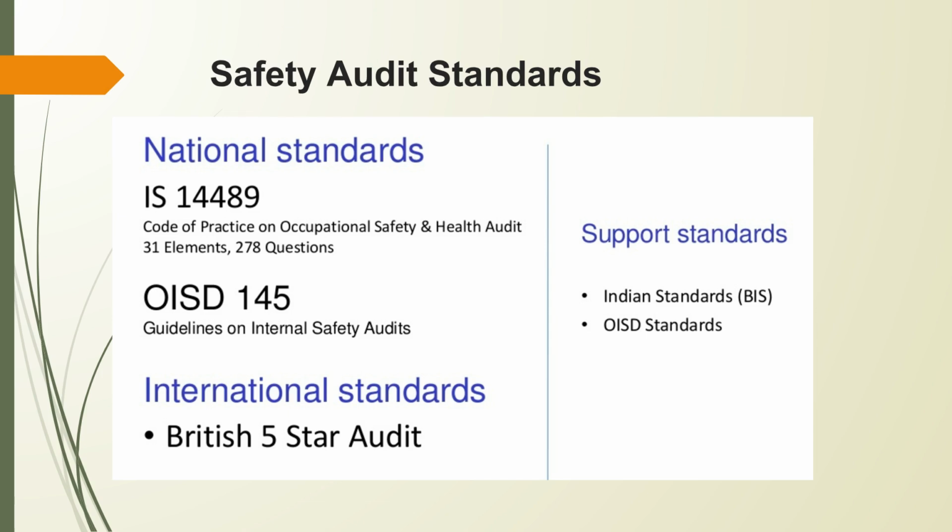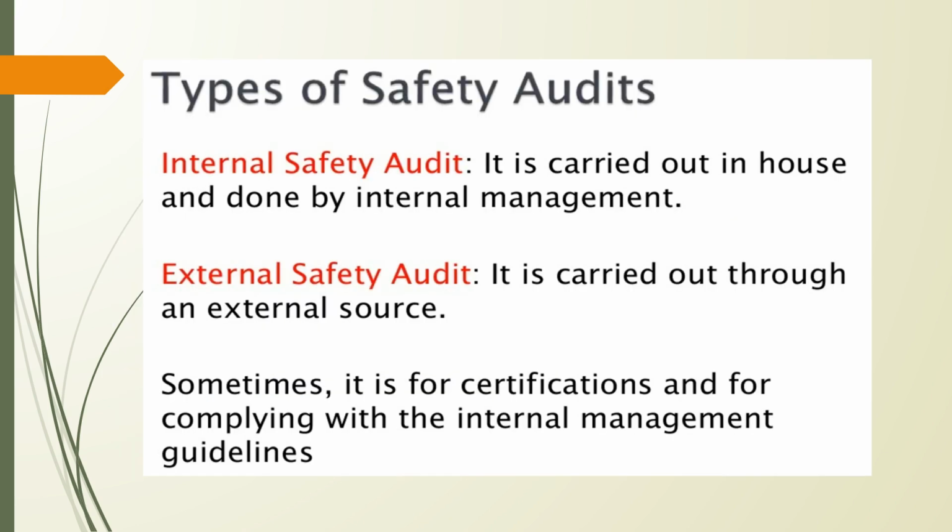Internationally, recognized benchmarks like the British 5-star audit help align practices with global standards. Supporting these core frameworks are broader Indian standards from the Bureau of Indian Standards, BIS, and sector-specific OISD guidelines to ensure complete technical compliance.